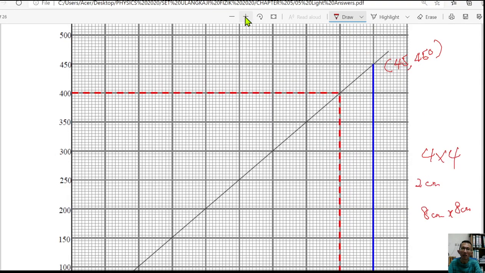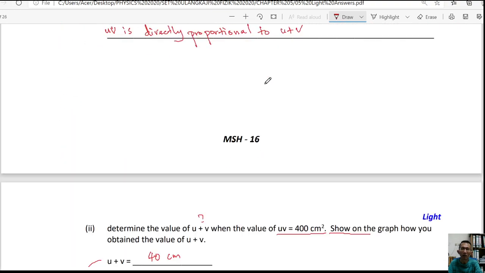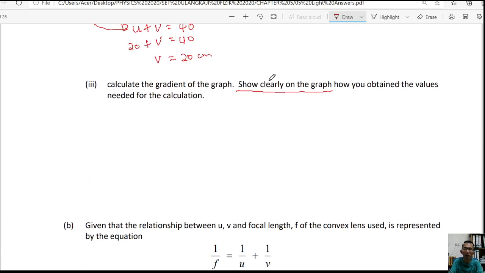Next, let us answer the question: how do we find the gradient? In mathematics, you have learned that gradient equals y2 minus y1 divided by x2 minus x1. That's what you have learned in your mathematics class. So just substitute the values. I have two coordinates: 0 and 0, the origin, and the other one is 45 and 450.